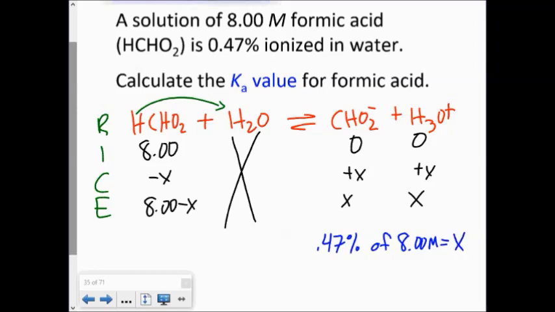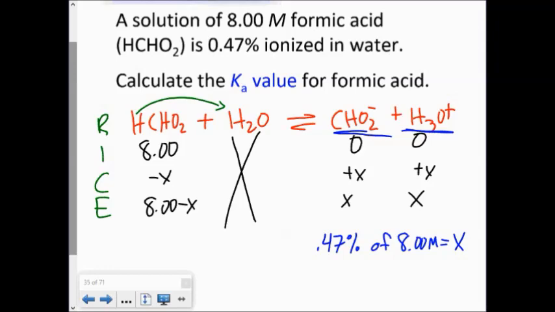That's the amount ionized. These are our ions here, guys, right here. Yes, you could use the percent ionization equation, which is all we really need to do: take 0.47% of 8.